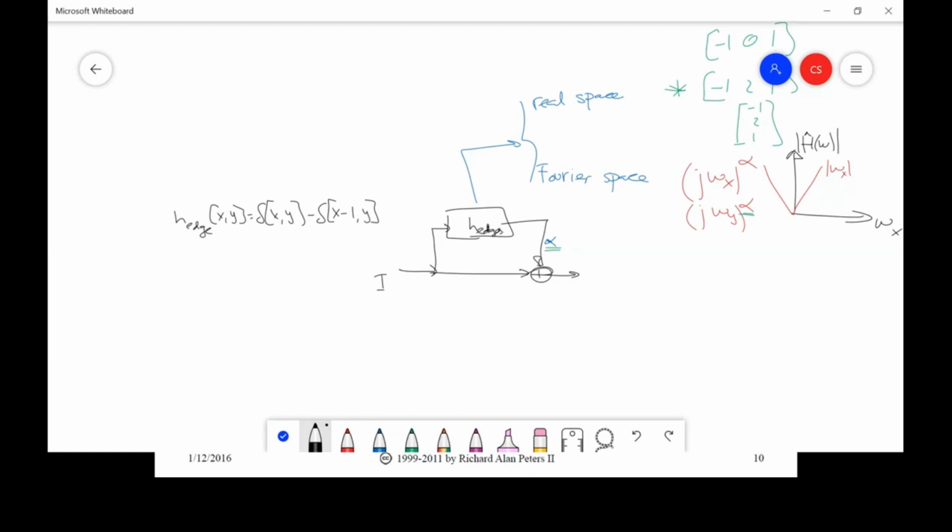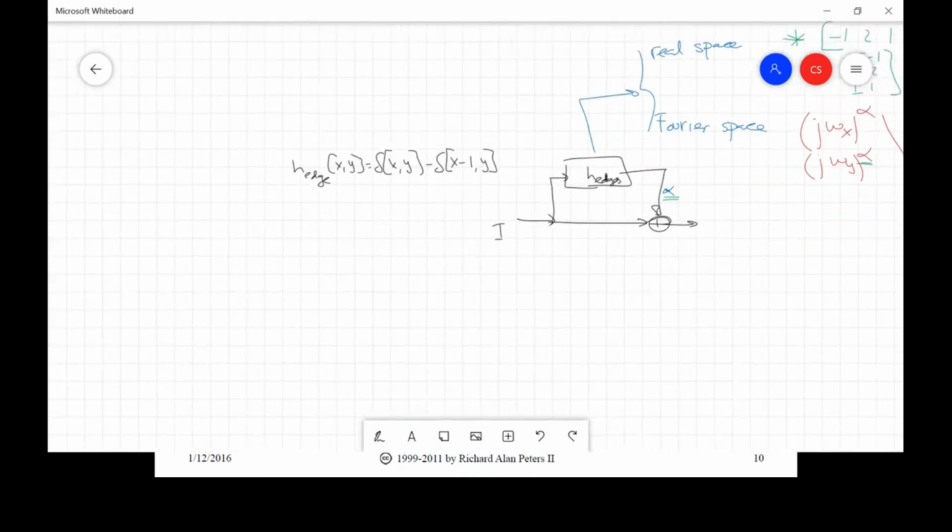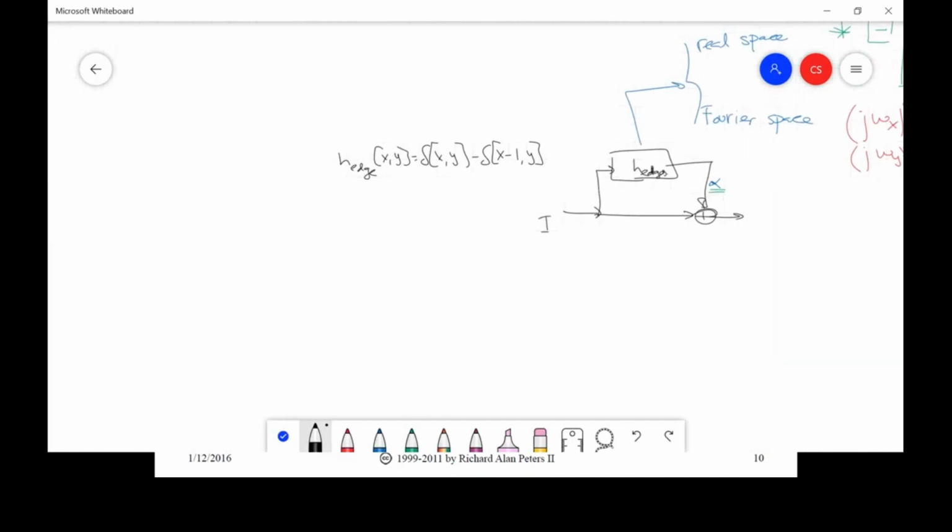Okay, so what do we have there? If this is our filter, let's reproduce the diagram. We go through the filter, and then we are adding with the factor of alpha.